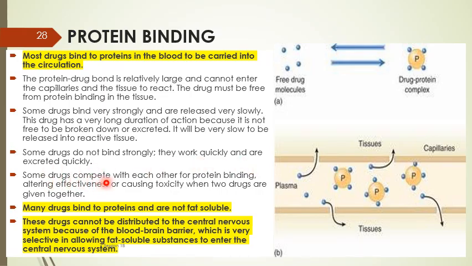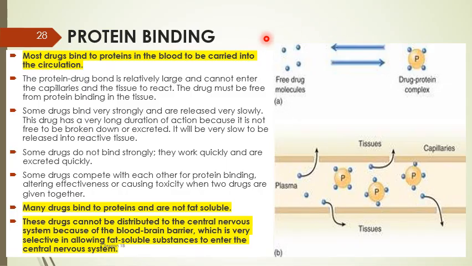Some drugs also compete with each other for protein binding, altering the effectiveness or causing toxicity when two drugs are given together. Many drugs bind to proteins and are not fat soluble, and these drugs cannot be distributed to the central nervous system because of what we call the blood-brain barrier, which is very selective in allowing fat-soluble substances to enter the central nervous system.